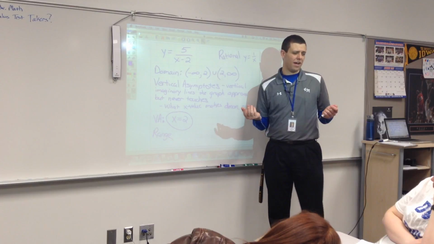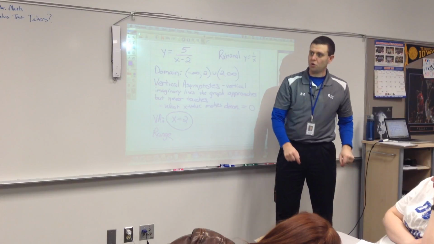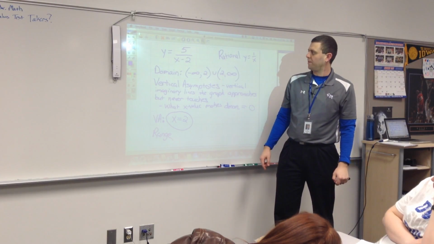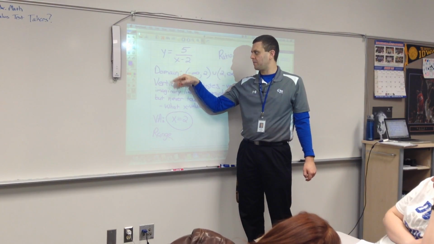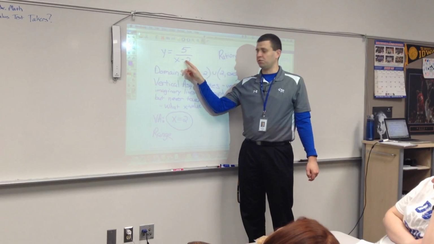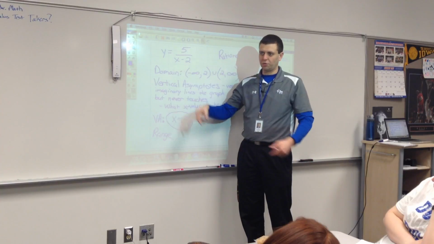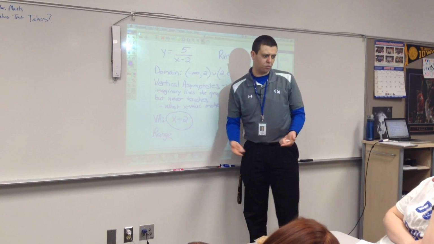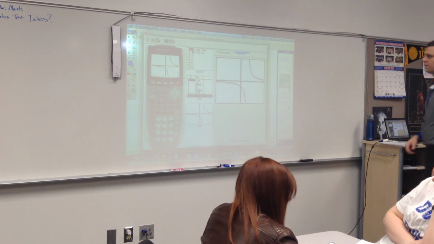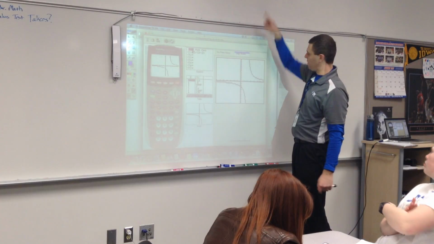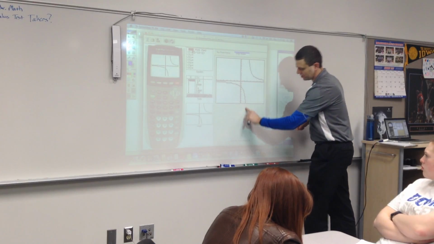So I know 0 is not in my range. But I think it'll hit any other value. I think it'll hit really big positive numbers, and really low negative numbers. Like if I make this 2.001, well, 2.001 minus 2 would be 0.001, and 5 divided by 0.001 would be 5,000. So it hits really big numbers. You guys saw the graph of it a second ago. The graph hits really, really big y values. It comes down here, gets really close to 0, hits negative y values, and goes all the way to negative infinity.